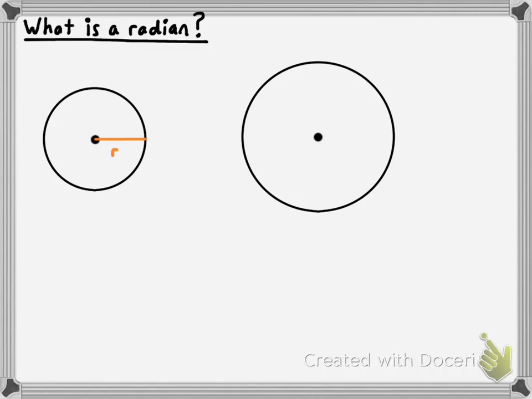So we're kind of curving the radius around here. So let's say that this distance right there is equal to the radius of the circle. There's another R. Then this central angle that forms or intercepts that arc would be defined as being 1 radian in measure.